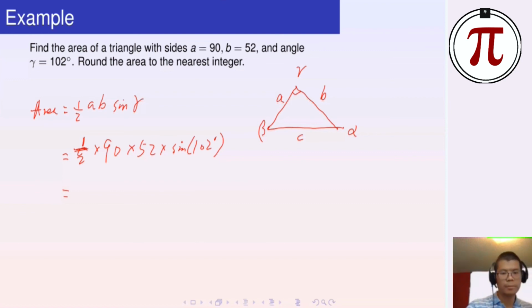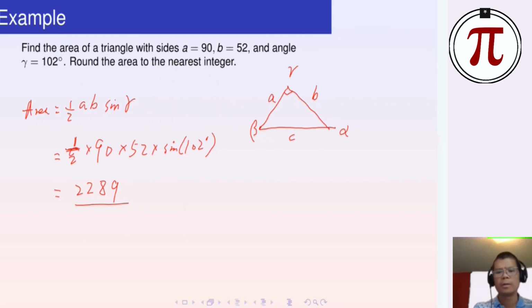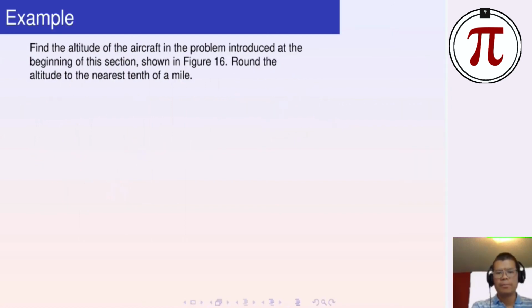Anybody got this? Nearest integer. I got 2,288. Round to nearest integer, right? Okay, that's it. Very good. So you see how we can use this one to find the area of a triangle, given two sides and the angle between the two sides. Okay, consider another one.